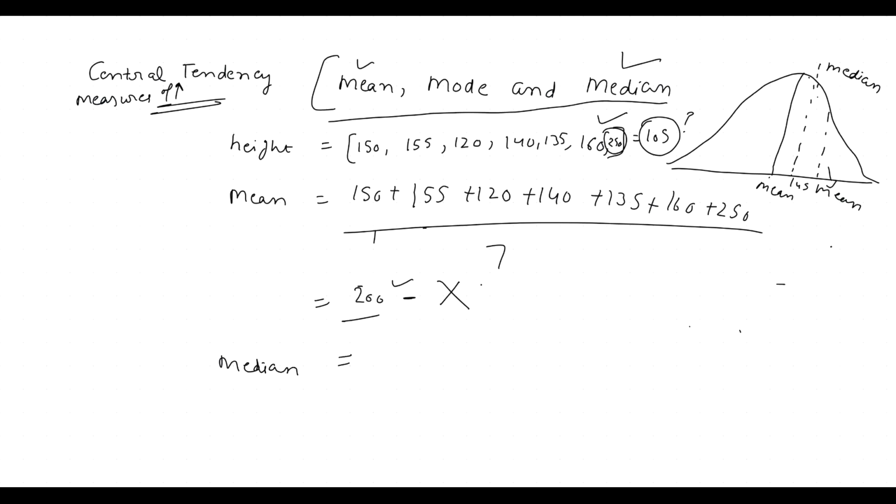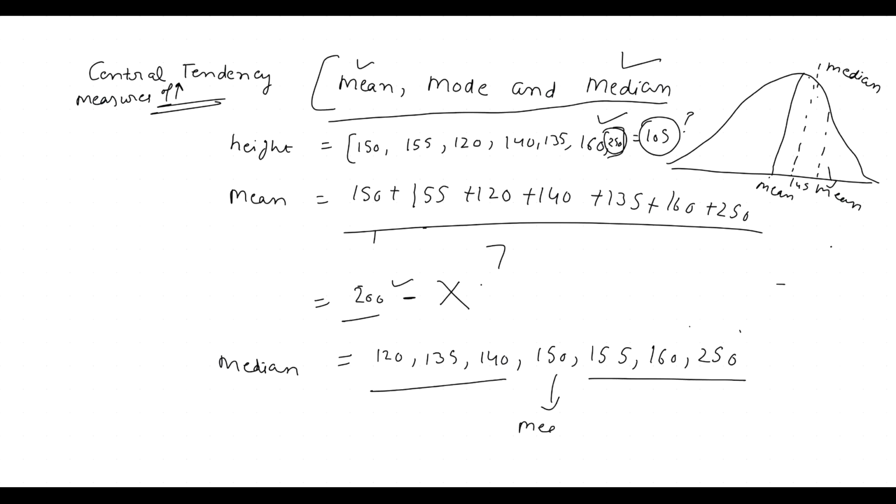You will sort the numbers for the median as I told you previously: 120, 135, 140, 150, 155, and then 160 and 250. So we will leave these three numbers here, these three numbers here, and this is going to be your median.